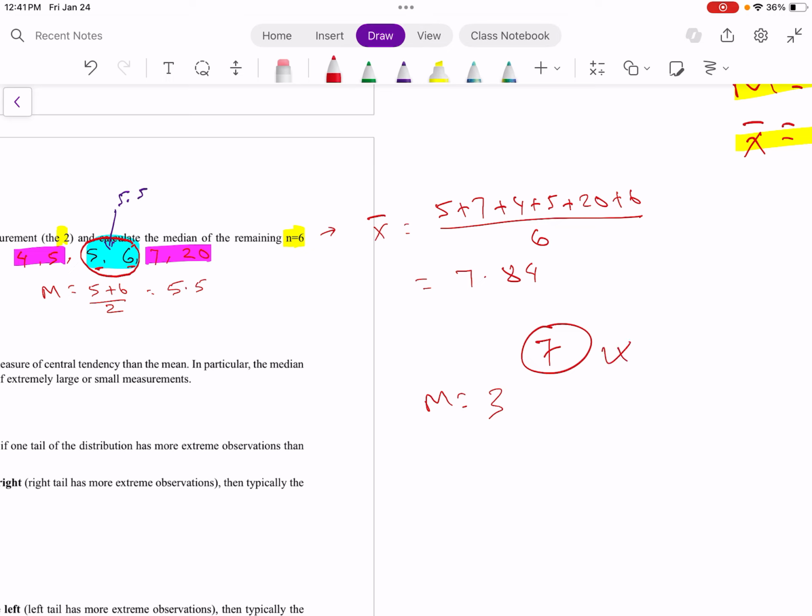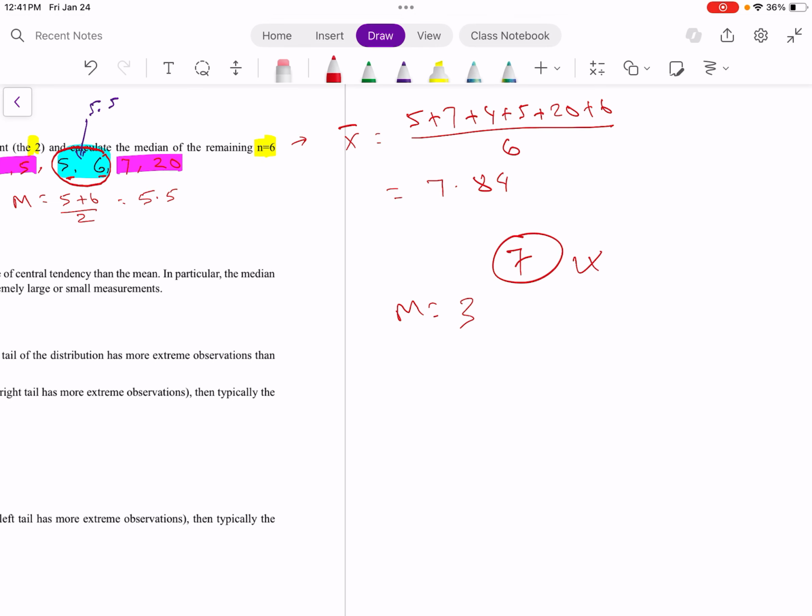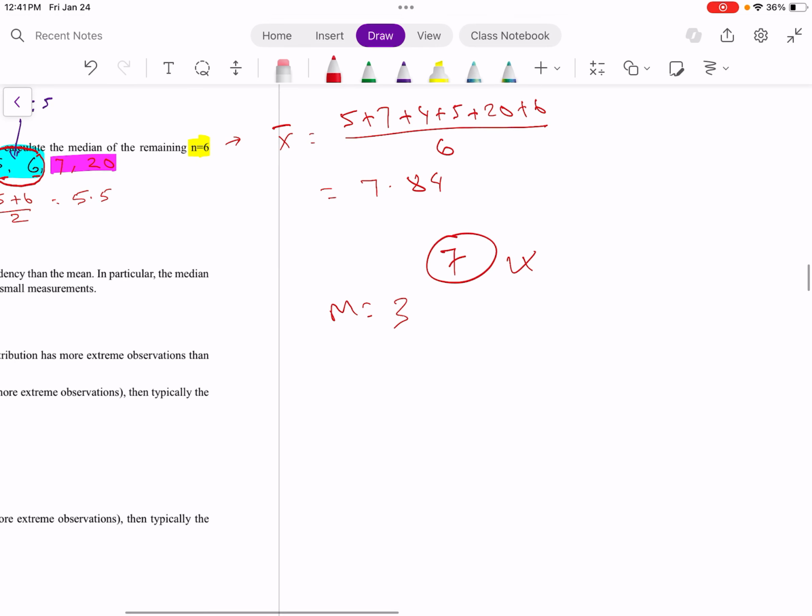The only thing given to you is that the median is 3, and you have to imagine those 7 measurements. So what will be your measurements? We need 7 measurements, but they must have a median equal to 3.